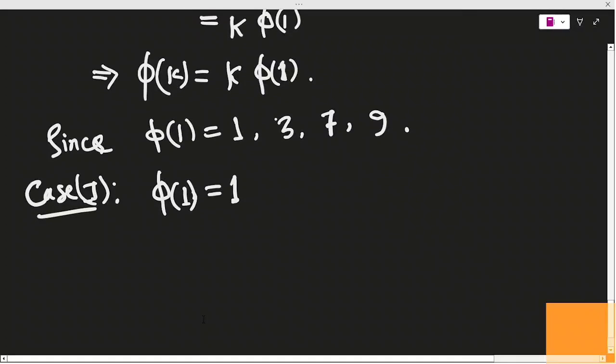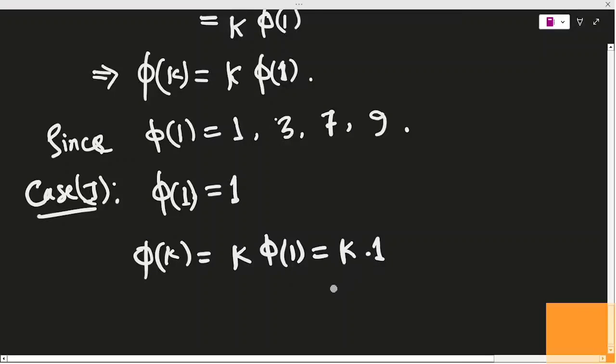So when phi of 1 is equal to 1, phi of k will be k phi of 1, and it will be k times 1. So phi of k is equal to k. Phi of k is equal to k.